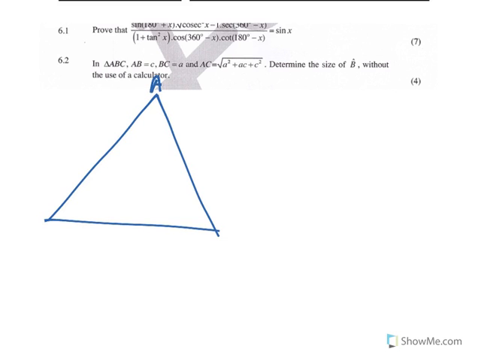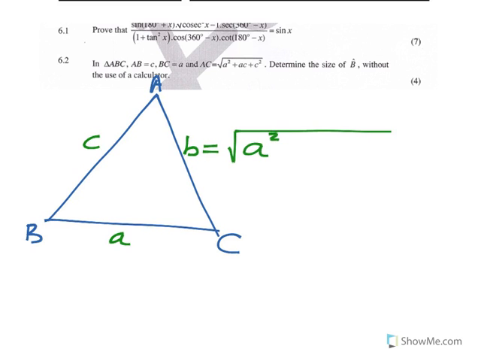If I can make this A, B, and C. They are saying AB is c and BC is a. Usually AC must be b, but they gave us the value, which is the square root of a squared plus ac plus c squared. They want us to find the size of B without the use of a calculator.